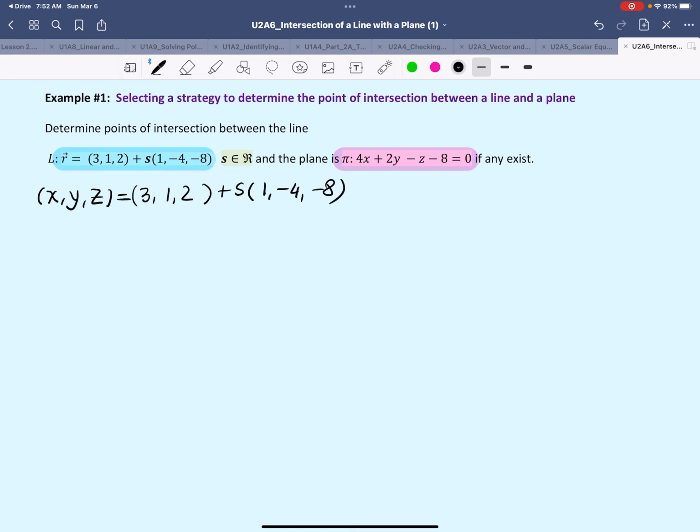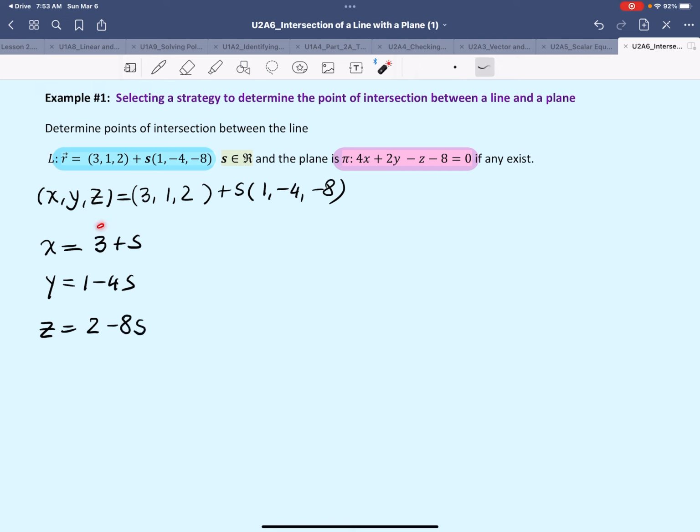So let's derive the parametric equations. For x, we're going to have 3 plus 1s, so that's 3 plus s. For y, we have 1 plus negative 4s, so y equals 1 minus 4s. And for z, we'll have 2 plus negative 8s, so 2 minus 8s.